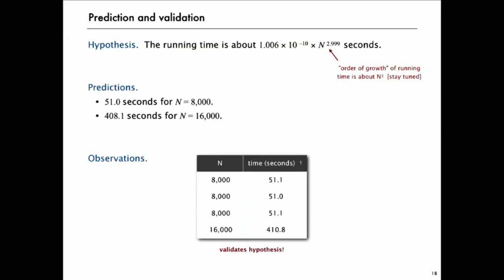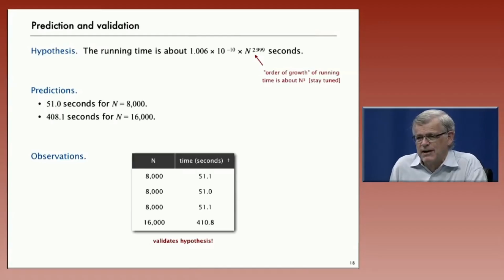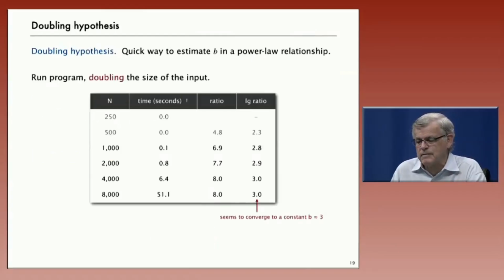And 400 seconds is plenty of time, but now we can go ahead and invest in running that experiment, and sure enough, we're pretty close to that, 408 seconds, when we run it. And now we can make a prediction for 32,000 or for whatever else we might be interested in. The model helps us do predictions without investing the expense to run the experiments.